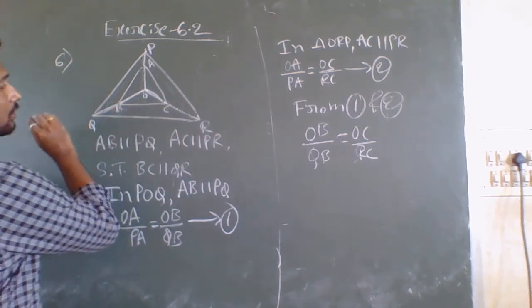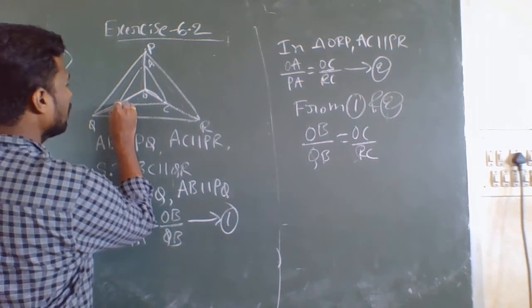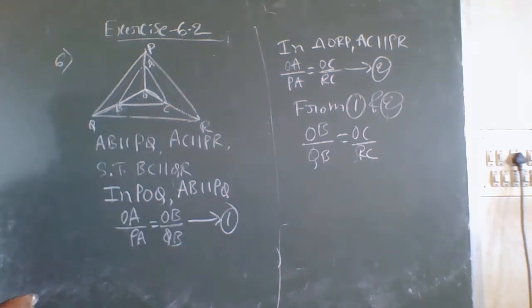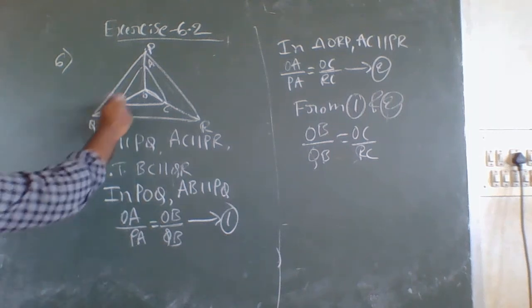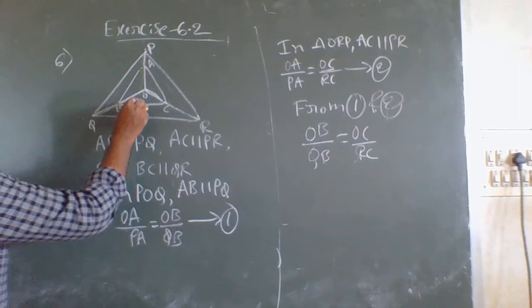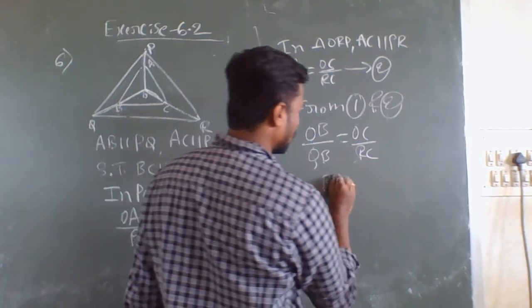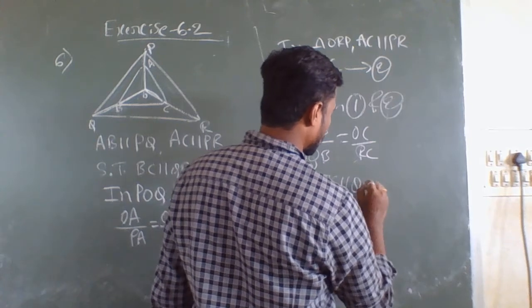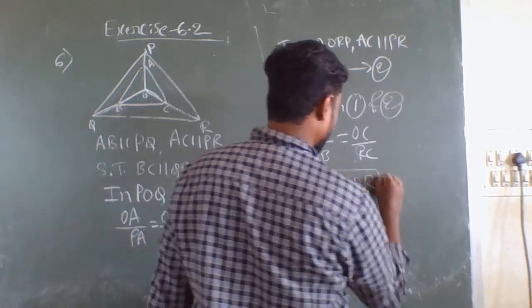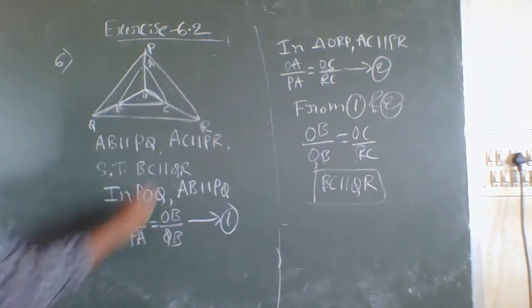Here again, the sides are divided proportionally by line BC. If they are proportionally equal, then we can write BC is parallel to QR, by the converse of the theorem. Hence we prove BC is parallel to QR.